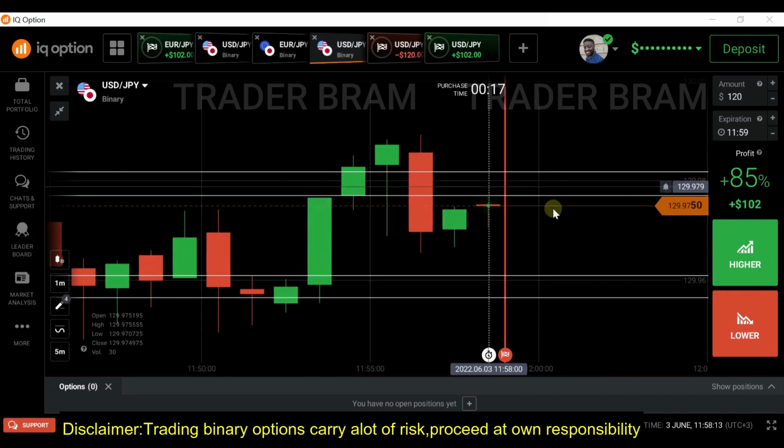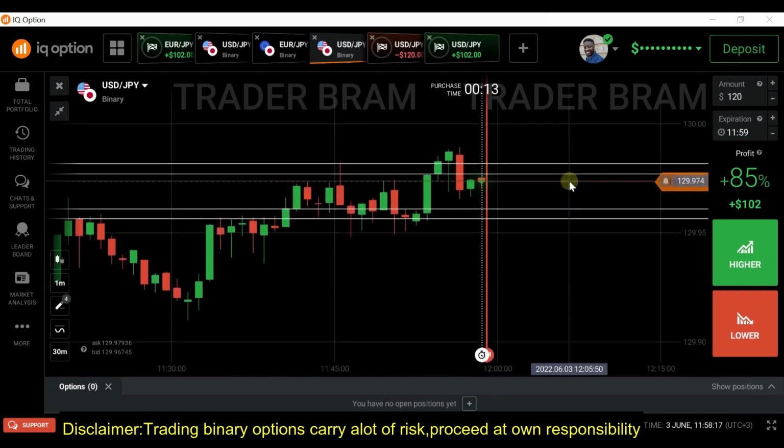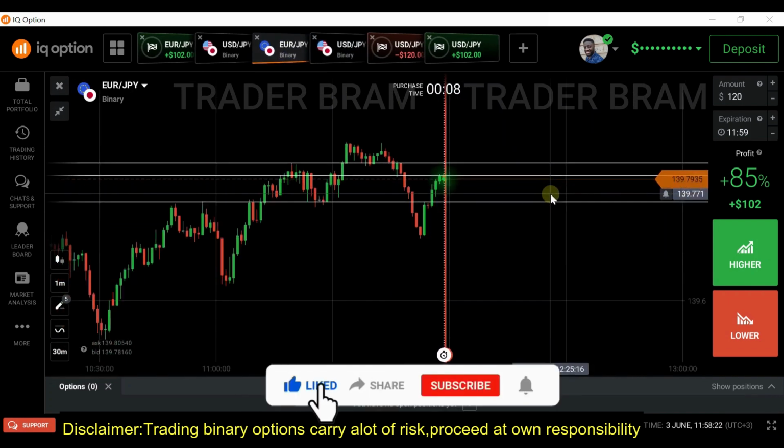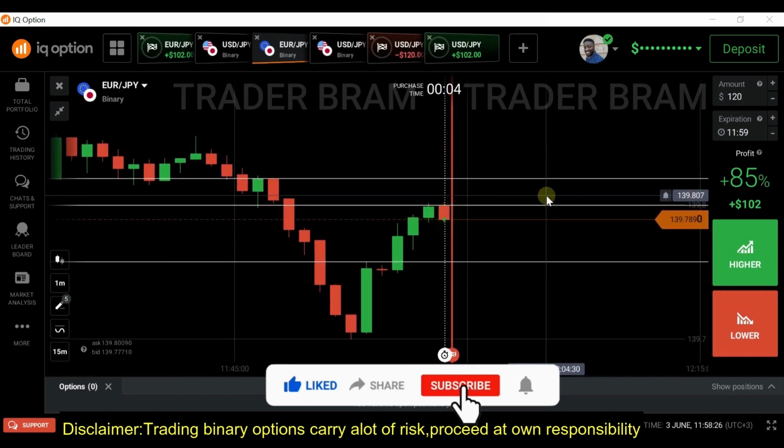So I'll wait. If we get a breakout, I can take my trade because it's an uptrend. So it's good to be patient with this strategy of support and resistance.